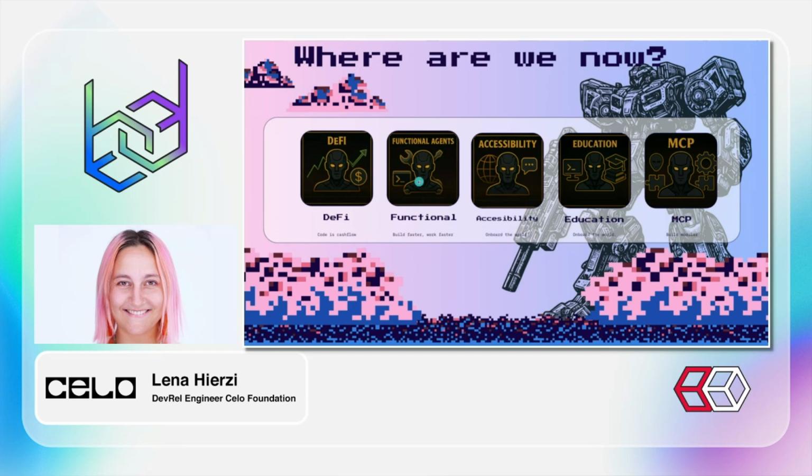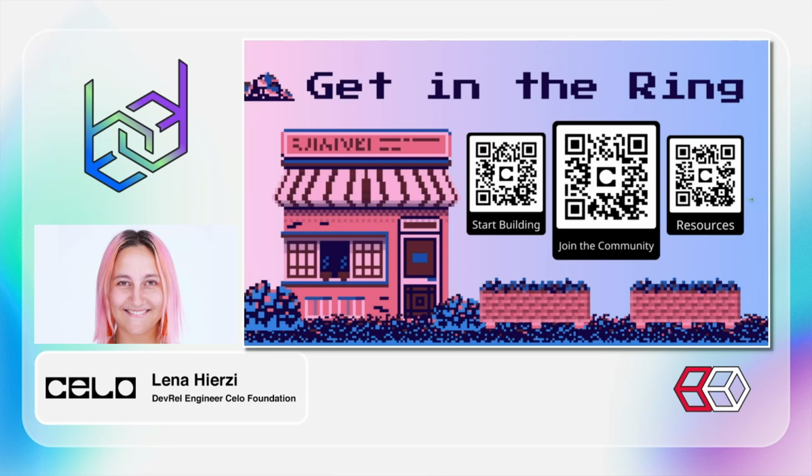So I would say the only thing that is left to do for you is to also get in the ring and start building. And I think you should now have a great foundation to understand where to start. I would recommend listening to podcasts and using an agent platform launcher to launch your first agent to understand how it works, and then you can just start building right away.